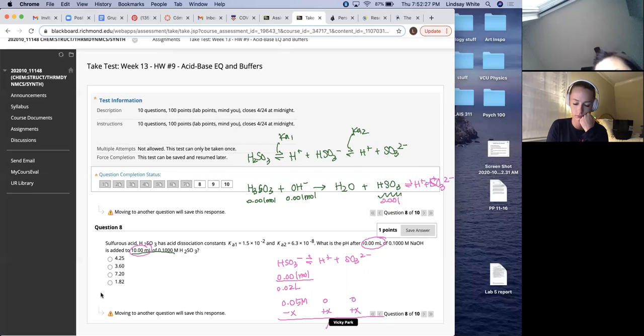And then I gotta find x. Ka2 is equal to x squared over 0.05, and then x is equal to, maybe that, yep.